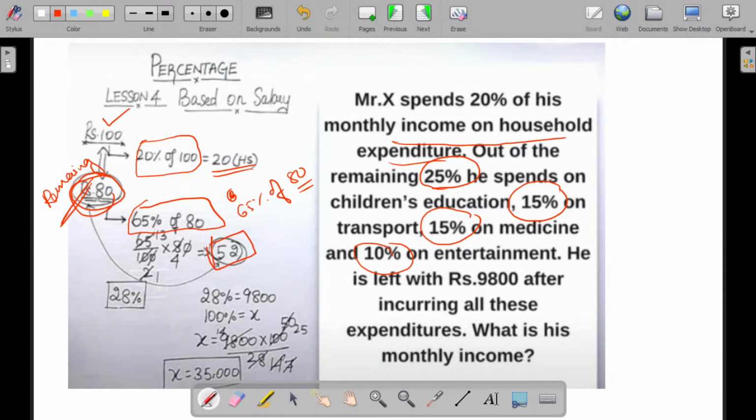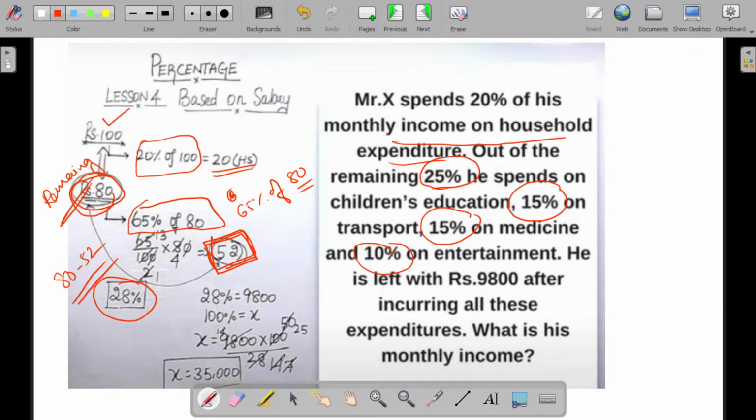We will get 52 rupees. So just subtract it, 80 minus 52. How much remaining? 28 percentage.